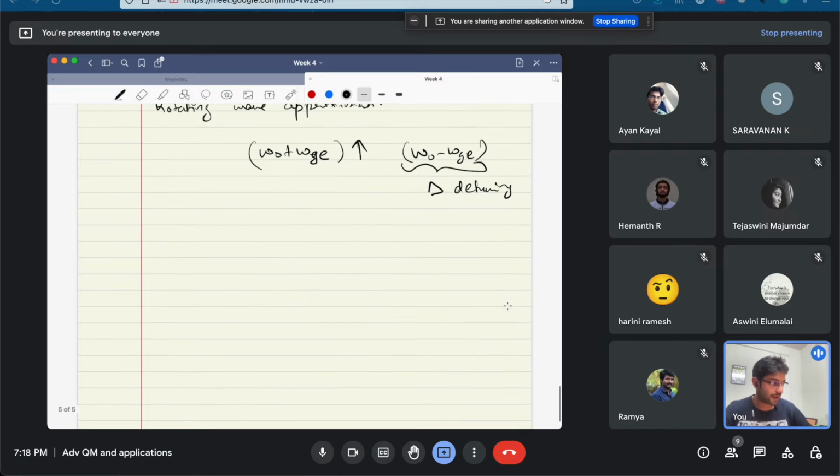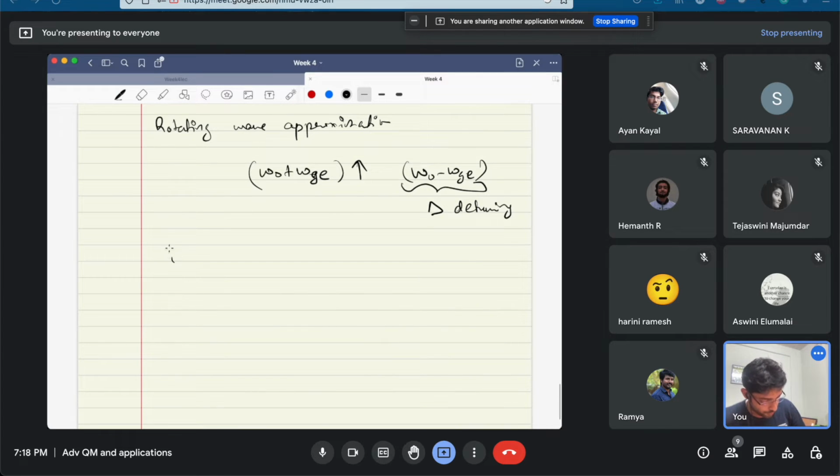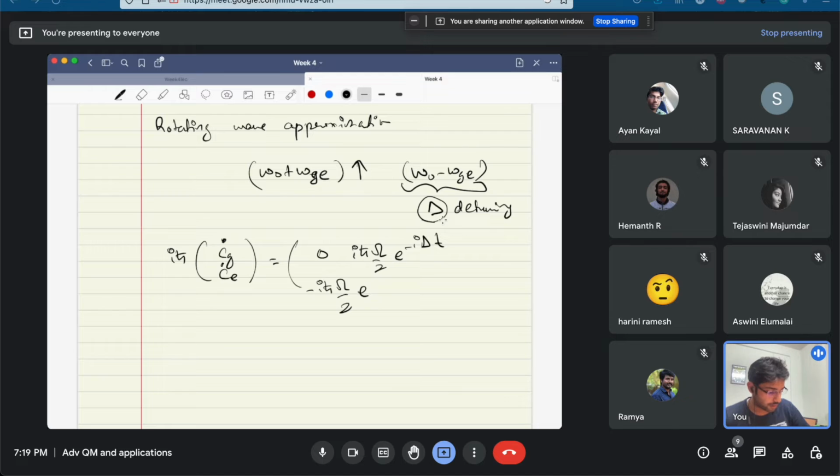And finally, when you put this here, you get something of this sort. After ignoring all the terms with very high frequency, you are only left with the ones that have this detuning part.